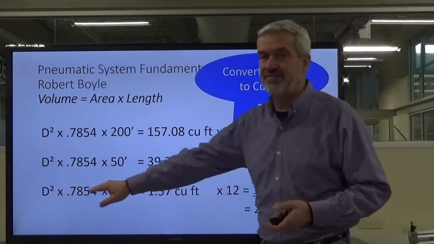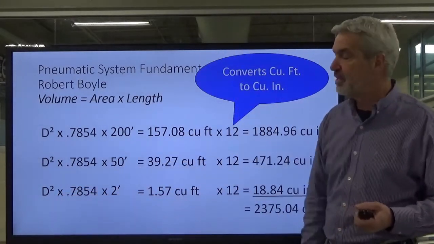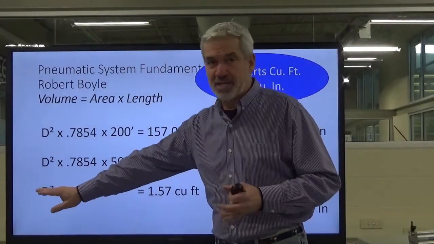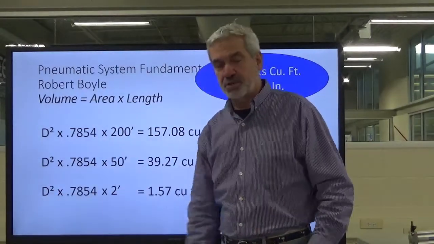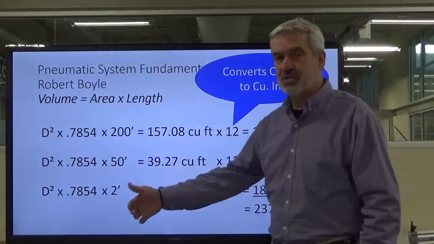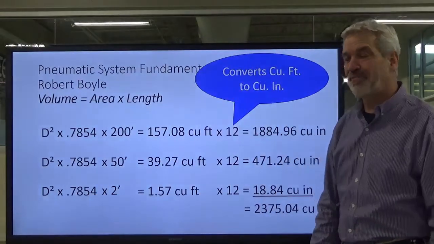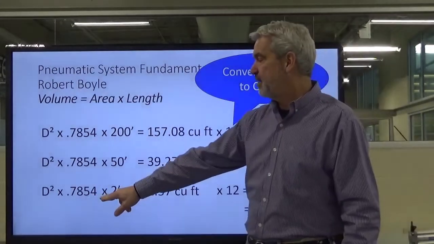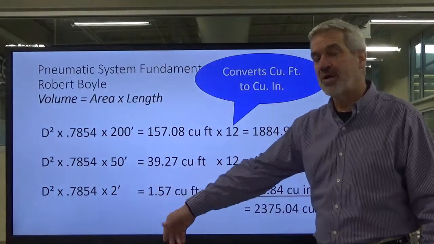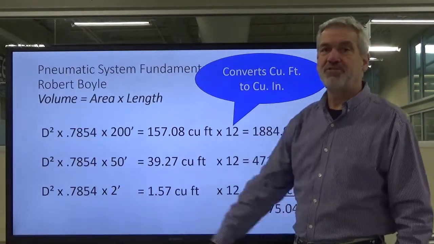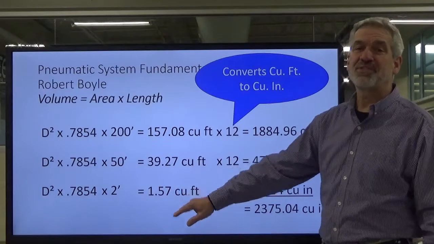Okay, and then finally we do the same thing. I'll run through this one more time for you. Our diameter of the pipe has not changed. It's 1 inch diameter, and we square that. 1 times 1 is 1. Multiply it by 0.7854. Then that comes out to be 0.7854. And then you multiply it by the 2 feet, and that gives us 1.57 cubic feet.